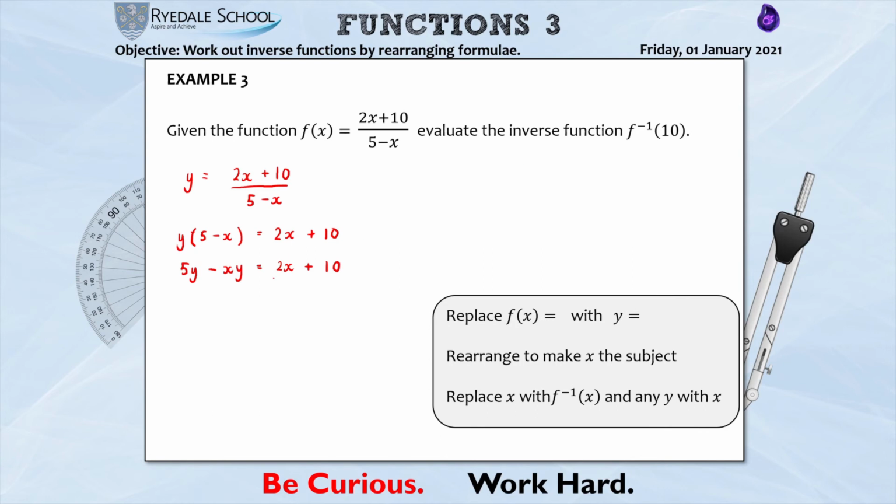Now, since this is a positive x here and this is a negative x here, I'm going to move all of my terms with x onto the right hand side. So I'm going to start by adding xy to both sides. So that was adding xy to both sides.